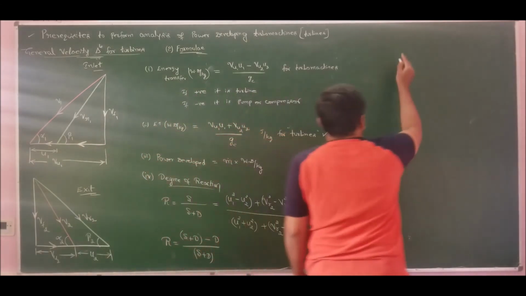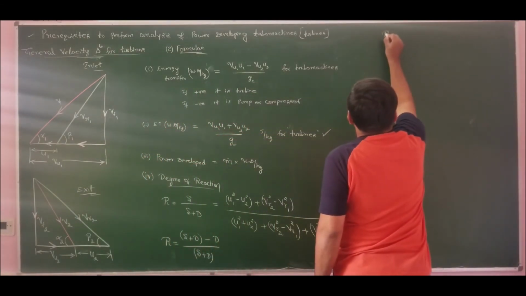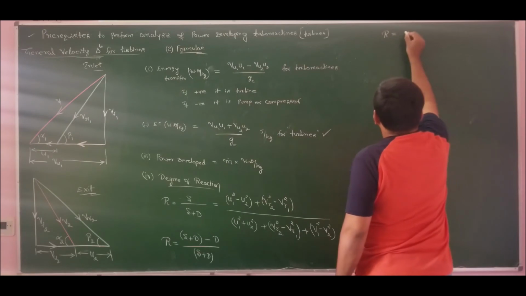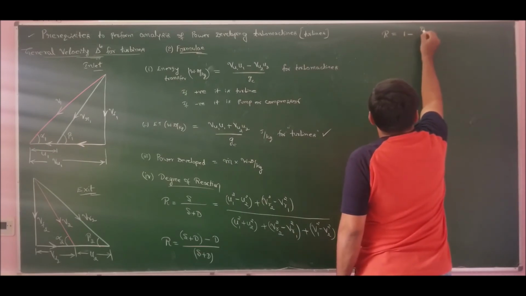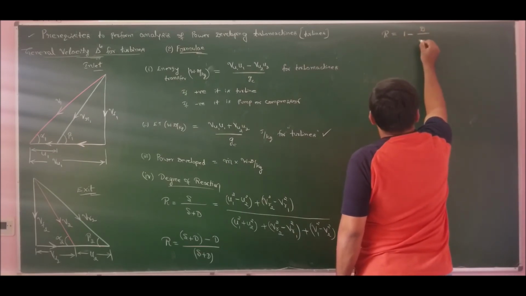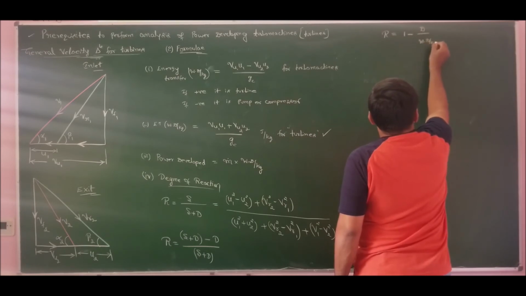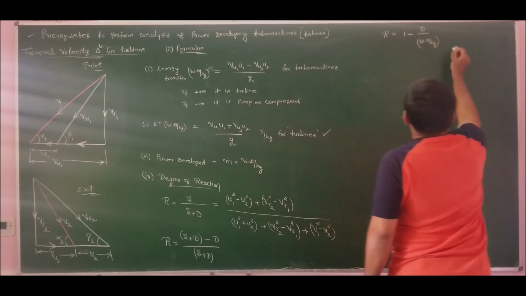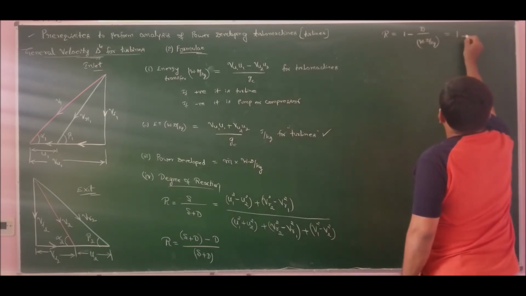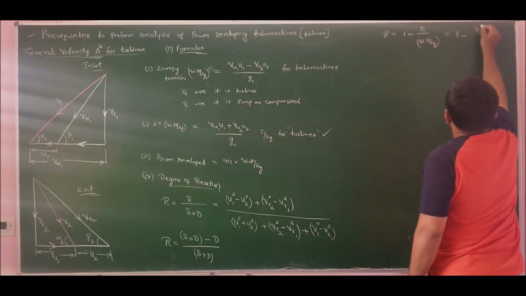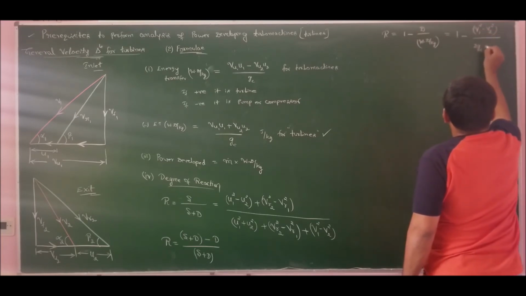So therefore I can write degree of reaction R as 1 minus the dynamic component of energy transfer by work done per kg, which is nothing but 1 minus V1 square minus V2 square by 2gc into work done per kg.